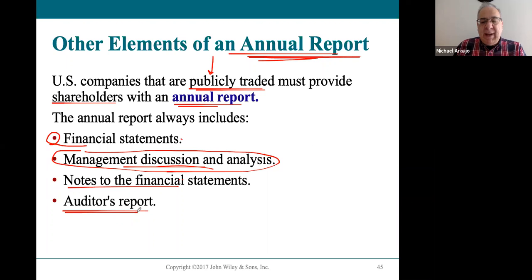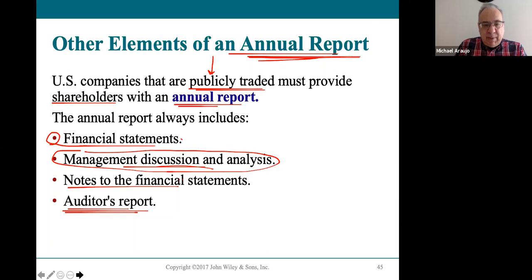You'll have an independent accountant come in as an auditor, look to see if these financial statements are prepared properly, and then write a quick report saying, yes, these statements have been prepared fairly and they have been following the rules that are set, which we call GAAP, Generally Accepted Accounting Principles.